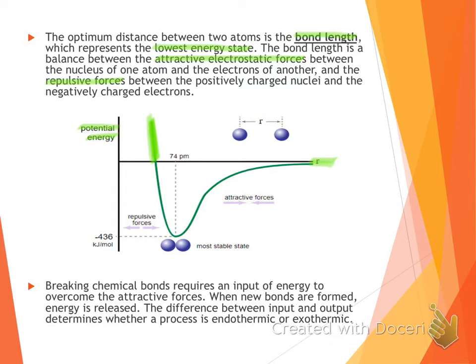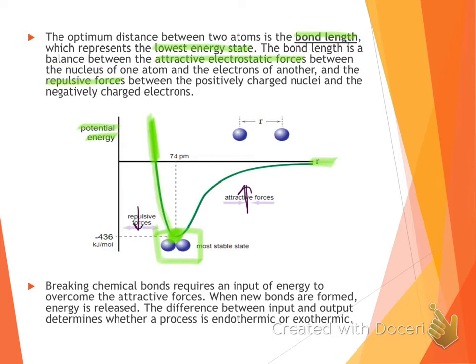But as we drag our atoms a little bit further apart, we reach the point of lowest potential energy on this graph. That point of lowest potential energy is where we have the most stable state of the compound that we are forming here. That is where we have maximized the attractive forces and minimized the repulsive forces.